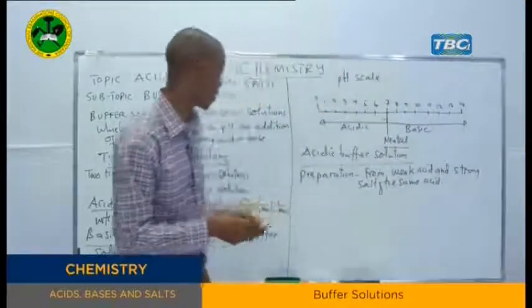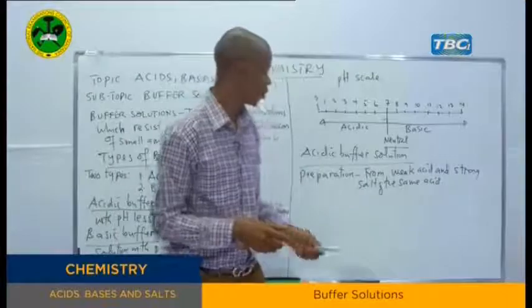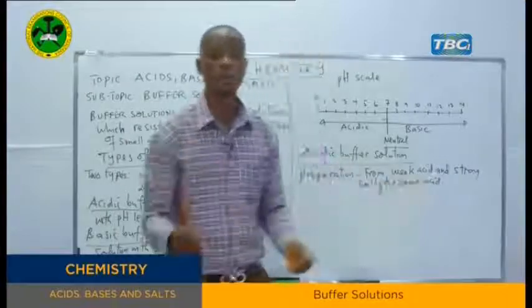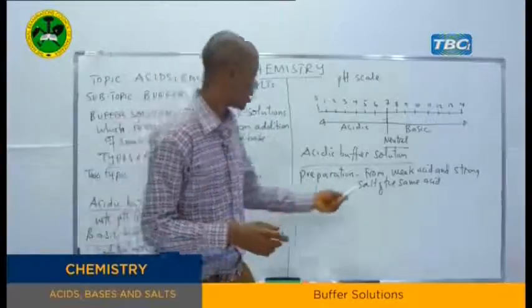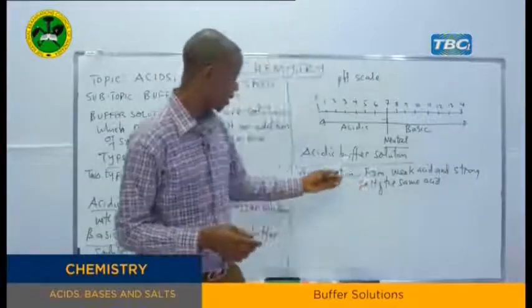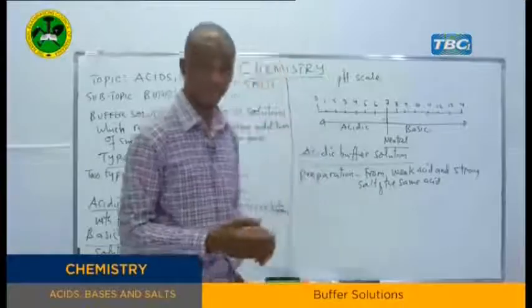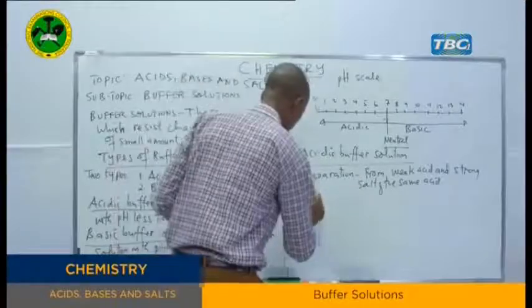This is how we prepare the acidic buffer solution. We take the weak acid, and these are always organic acids. They are weak. And the strong salt of that acid. We can have some examples here.